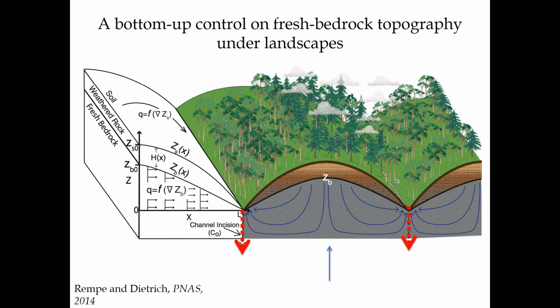The conceptual model for how this intact regolith works is an evolving field, but Rempe and Dietrich a couple years ago came up with a model based on the depth to the permanent water table. The motivation in part was the fact that the depth to fresh bedrock is generally quite thin in valley bottoms, which are perennially wet.